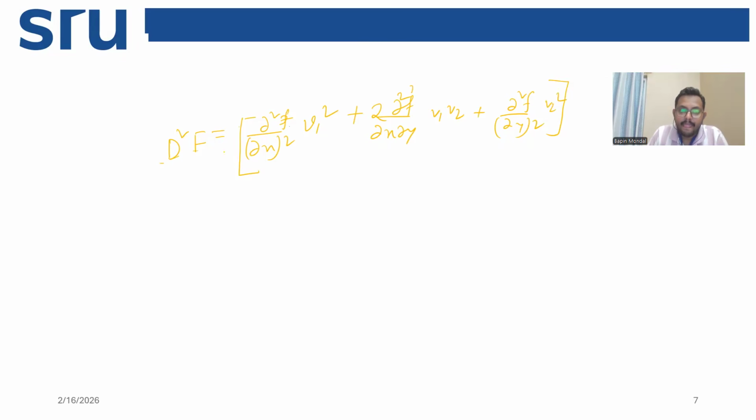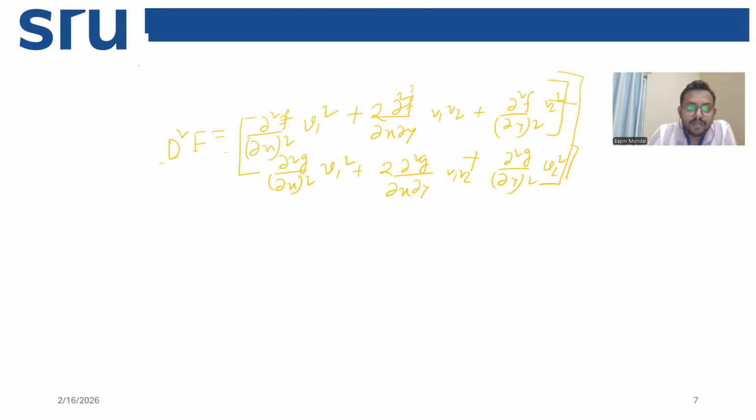Similarly for g: del square g del x square v1 square, plus 2 into del square g del x del y v1 v2, plus del square g del y square v2 square. So this is the full second derivative matrix. So what is v1? v1 means 1 and v2 means 0 because the eigenvector is 1, 0.